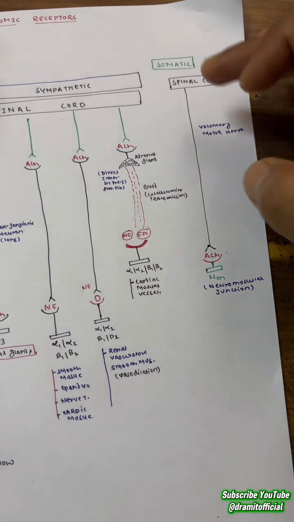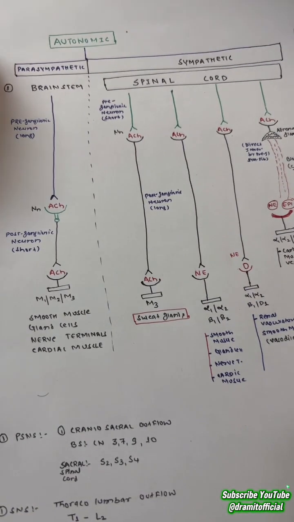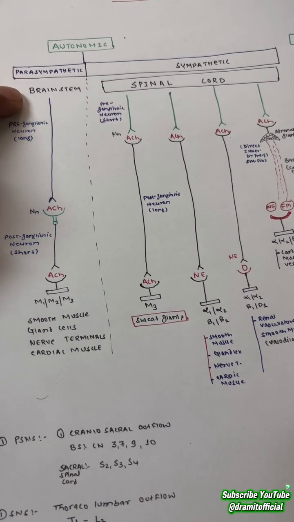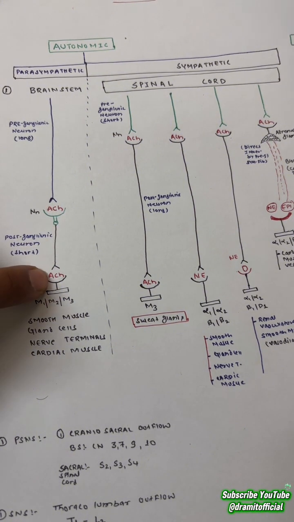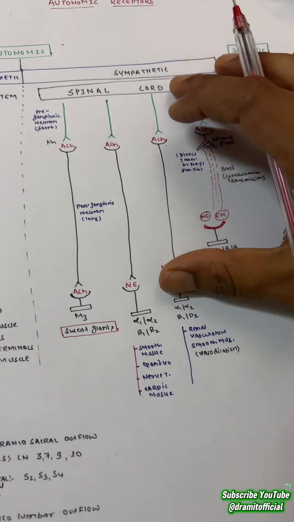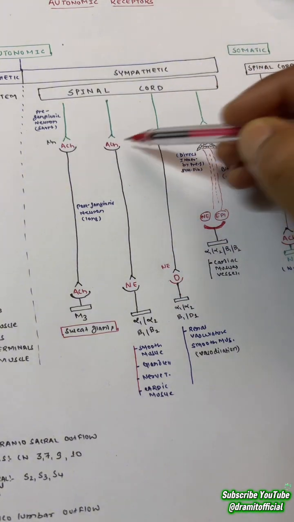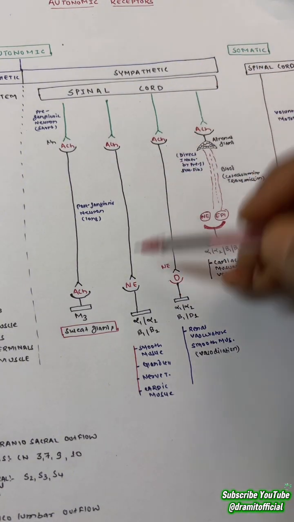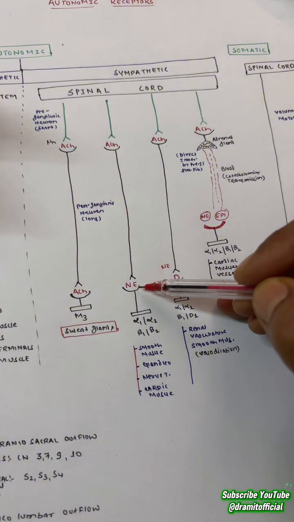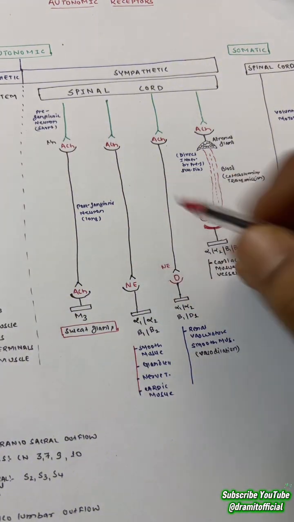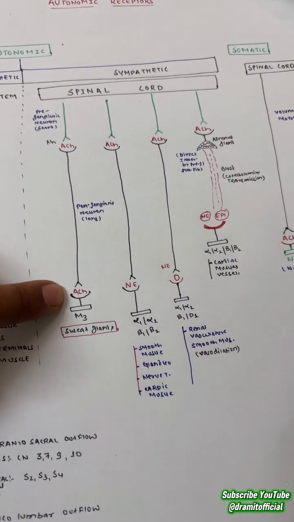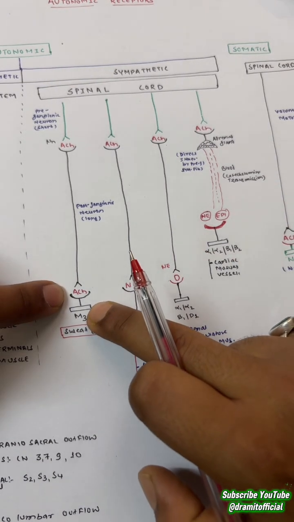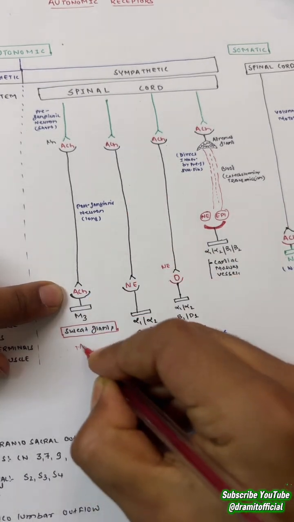voluntary effect. So for a quick revision, the parasympathetic nervous system starts from the brainstem, and it releases ACH in the ganglion and in the postganglion also. But in case of the sympathetic nervous system, it releases ACH in the preganglion but norepinephrine in the postganglion. But there are two exceptions. One is the sweat gland, where it releases ACH in the postganglion also, which is very important from the MCQ point of view.